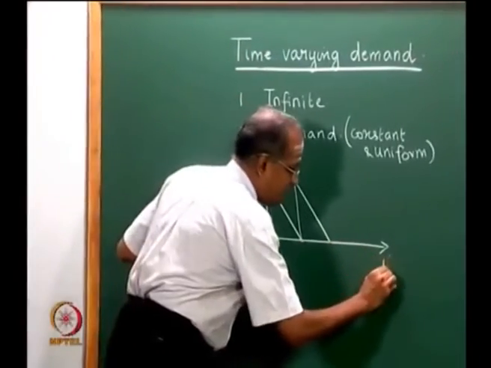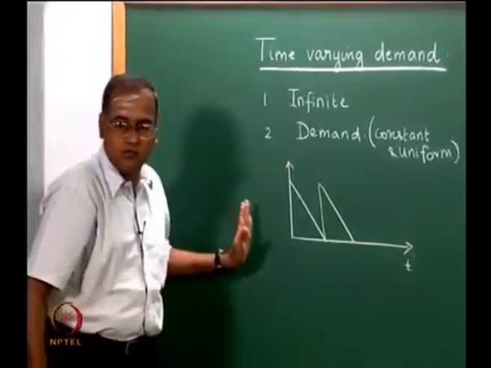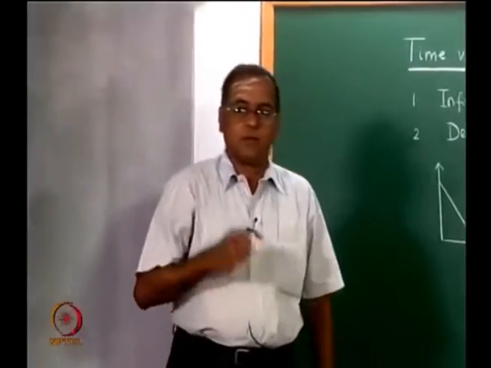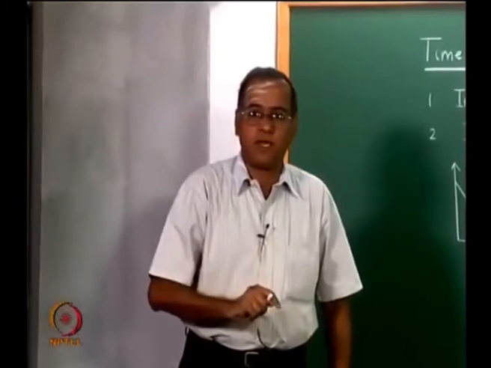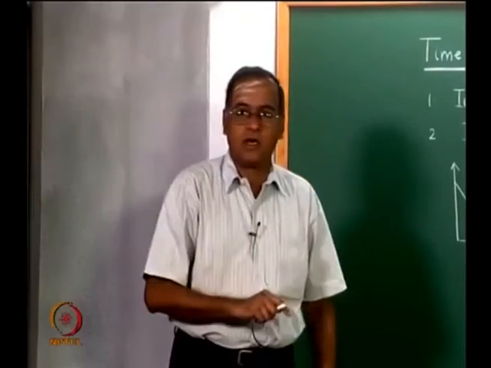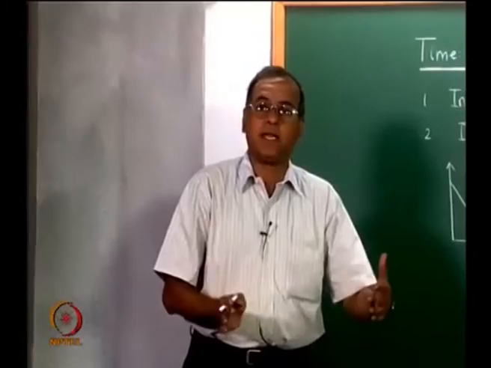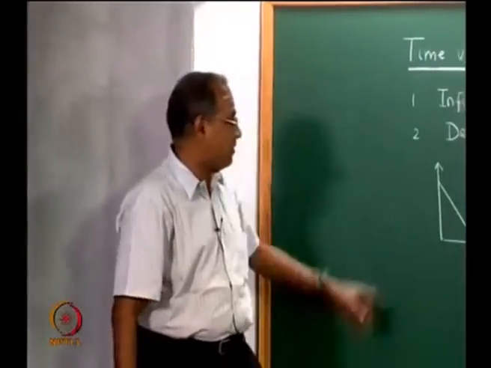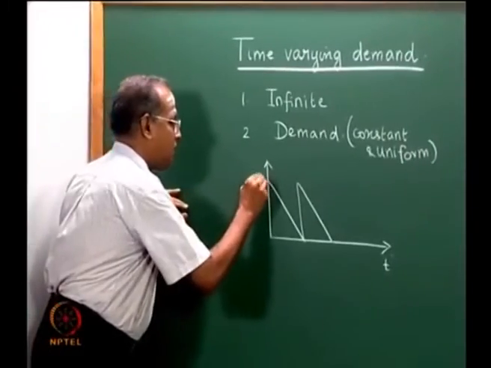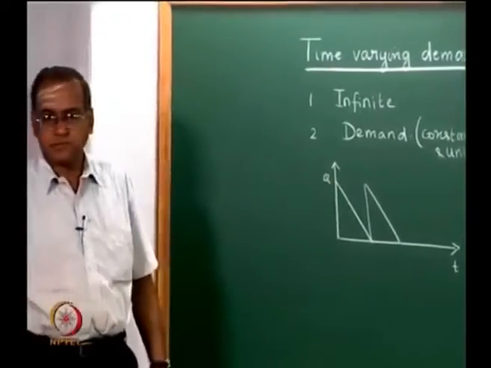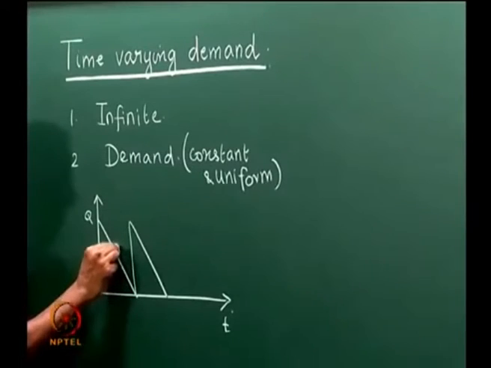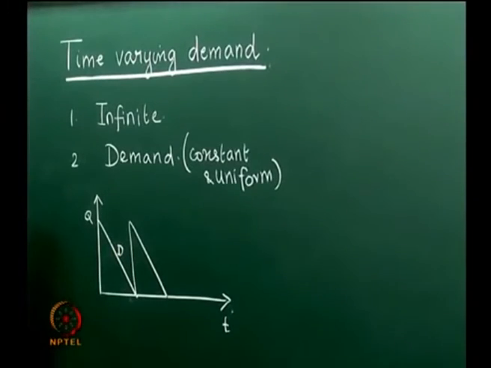Now in this we assume that this is going to go on forever and we are planning for an infinite period, and because of that, to evaluate the total cost we take a certain fixed period like a year, and then we try and optimize the value of Q for which the total cost is minimized.